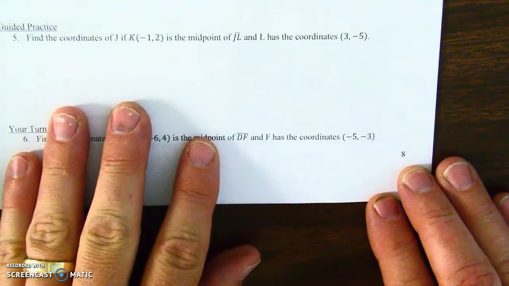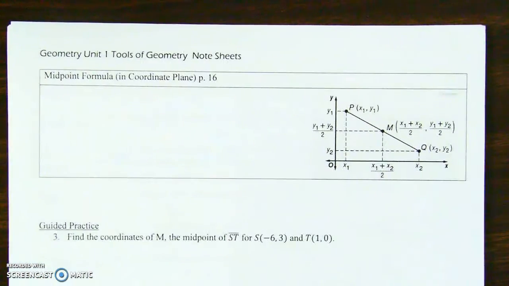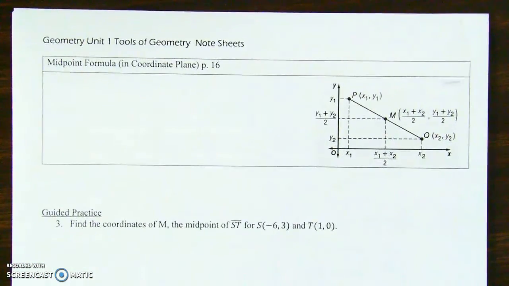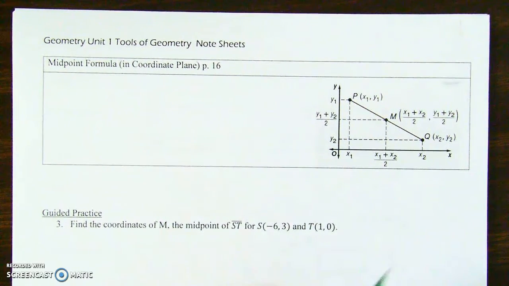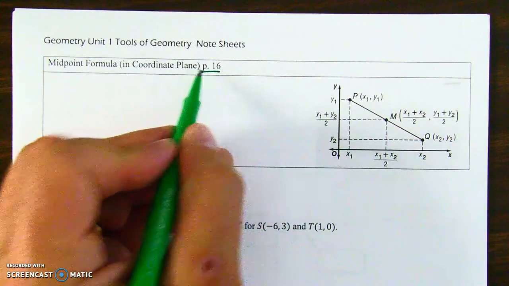Now, what happens if we're on a graph? This goes back to when we were doing the Pythagorean theorem on a graph too. As you can see, I'm going to circle right here because I don't want to write anything over here. This gives you the page number in the book.